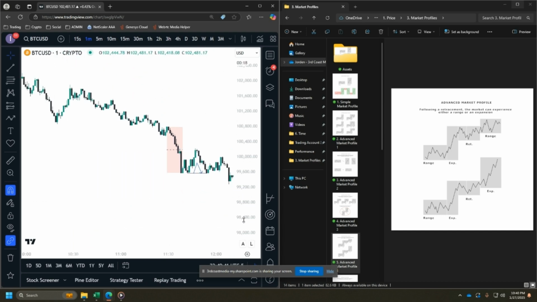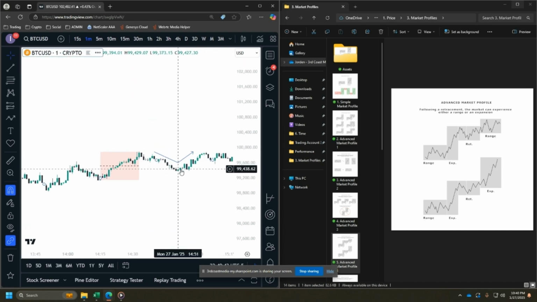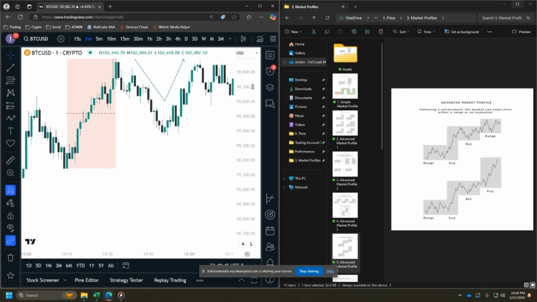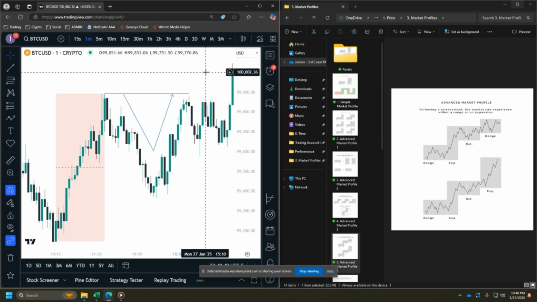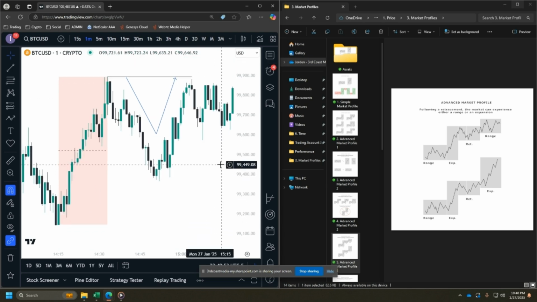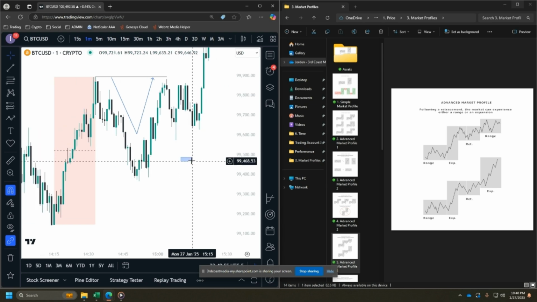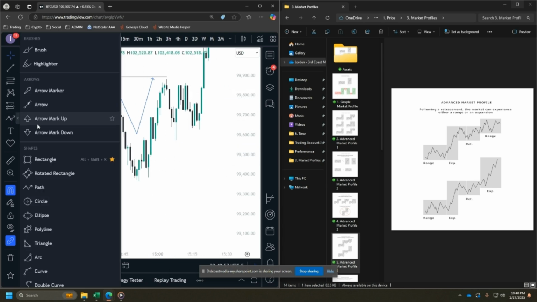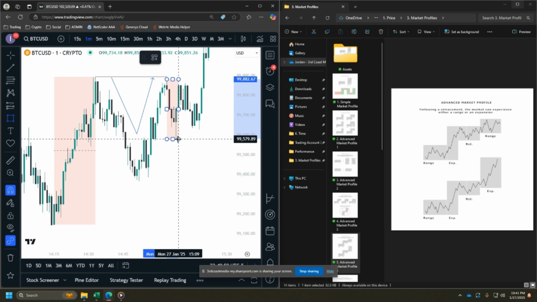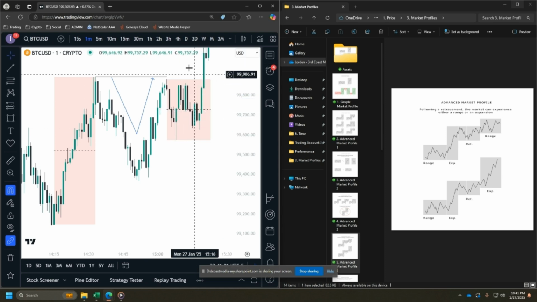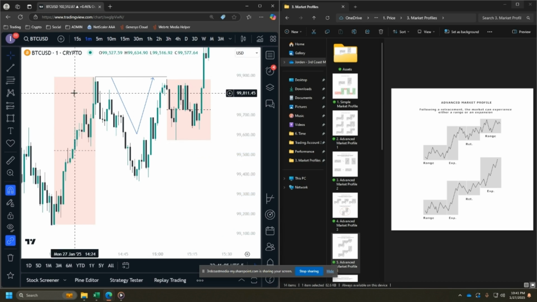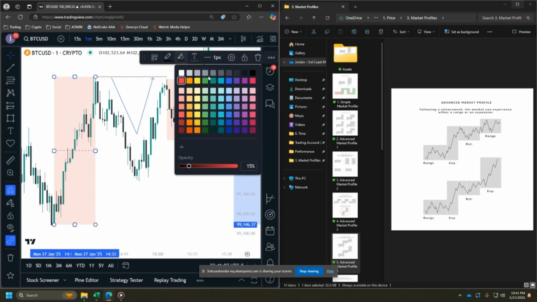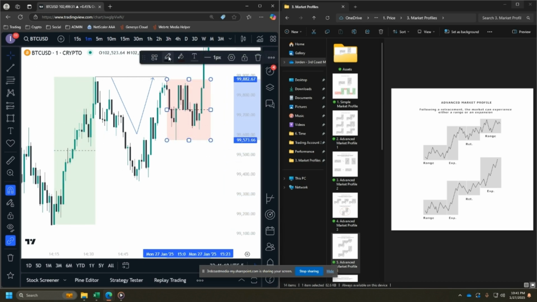If we move over to one of these earlier examples, the retracement is here. And as you can tell, after this price retracement, we had a range. So we had an expansion upwards, and then we had a range.